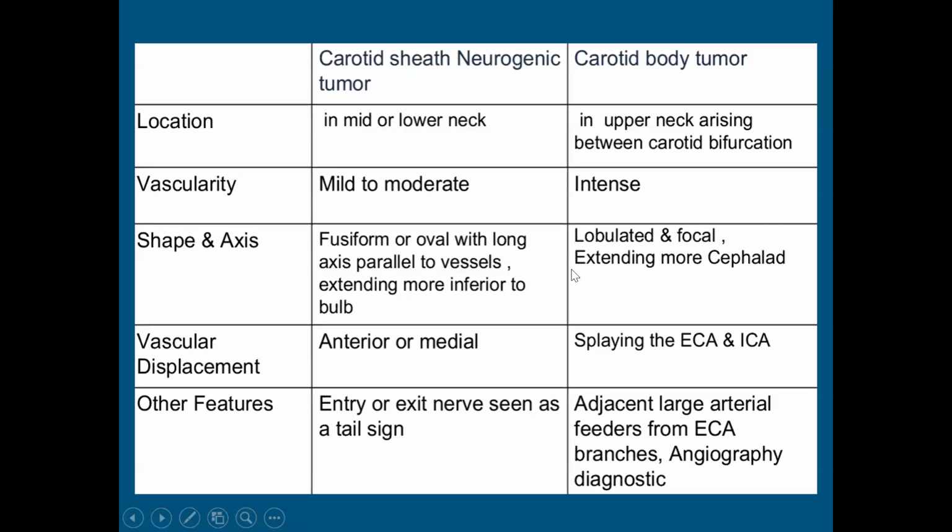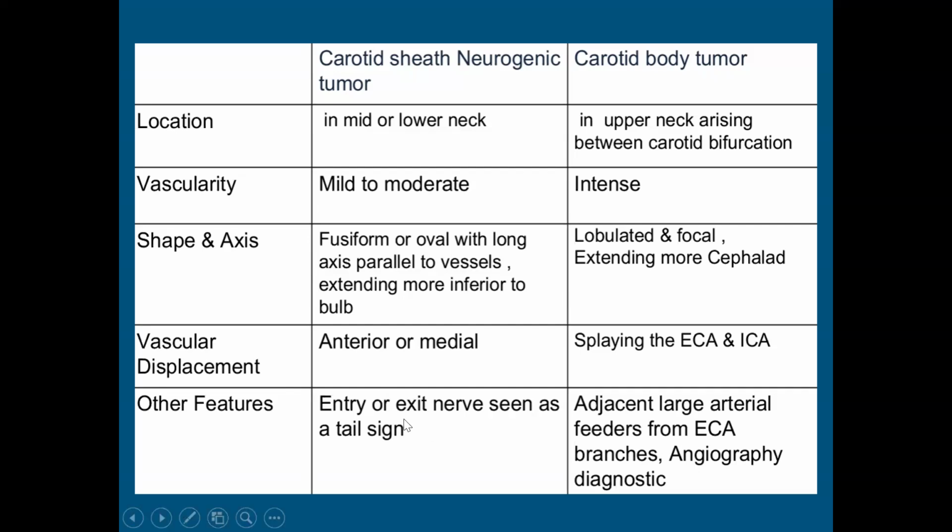Carotid body tumor will be lobulated and focal, extending more cranially. We have seen in the previous slide that the carotid body tumor will cause splaying of the carotid arteries, and the neurogenic tumor will displace the carotid arteries and the jugular vein to the other side.